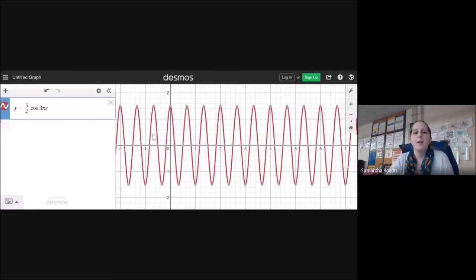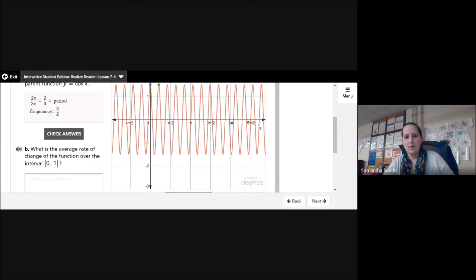It's easier to see. I'm starting from 0, so I want this point and this point. So I'm looking at 0, 1.5, and 1, negative 1.5.